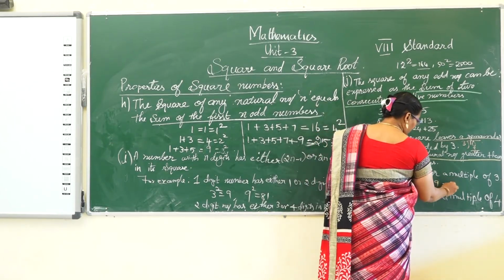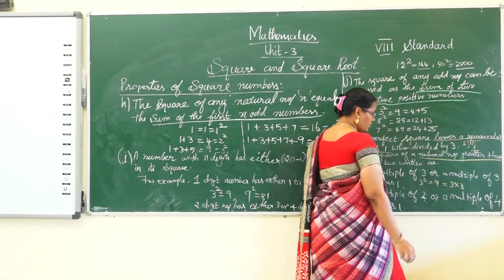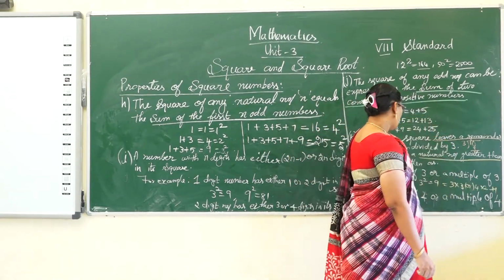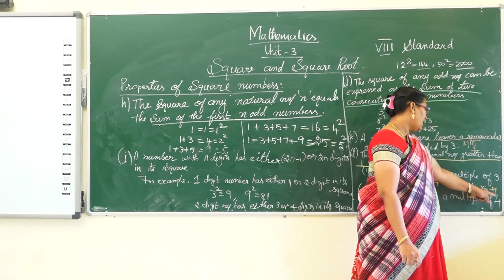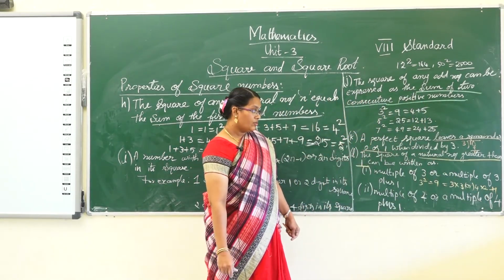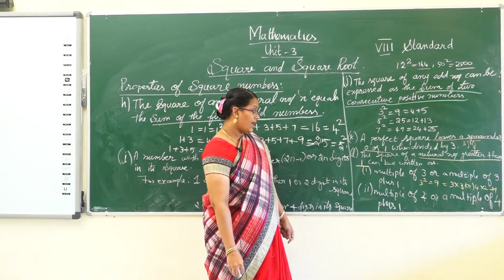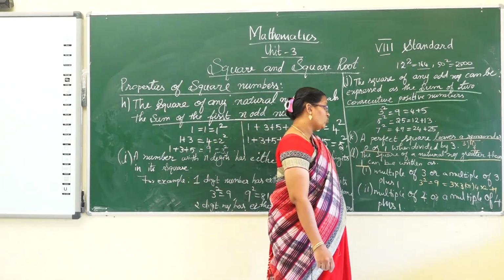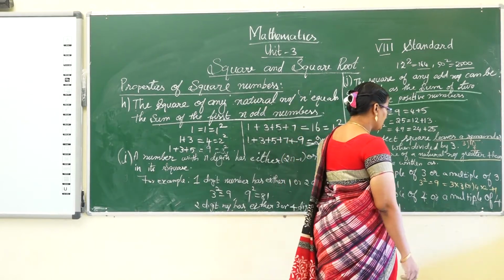It can be written as 3 3s, so a multiple of 3. Otherwise, how can we write it? As a multiple of 3 plus 1. 4 2s are 8, 8 plus 1 is 9. So that is given: a multiple of 3 or a multiple of 3 plus 1.